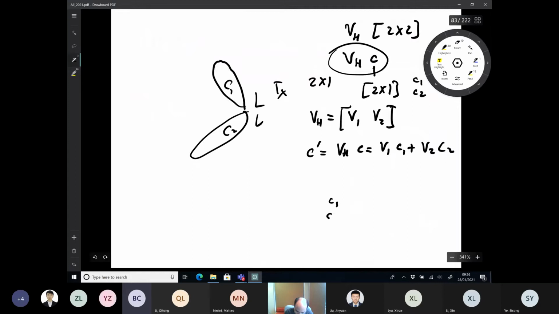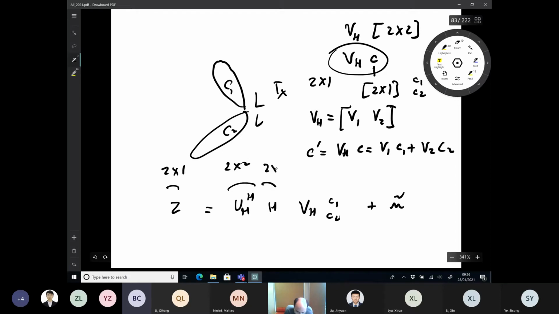I have C1, C2. I transmit along V. I have H. And now I have here U Hermitian, right? And so this is my observation Z. And I have some noise here after combining. Good. This is still a vector, right? My U here is a 2 by 2 matrix, so this is a 2 by 1 vector.